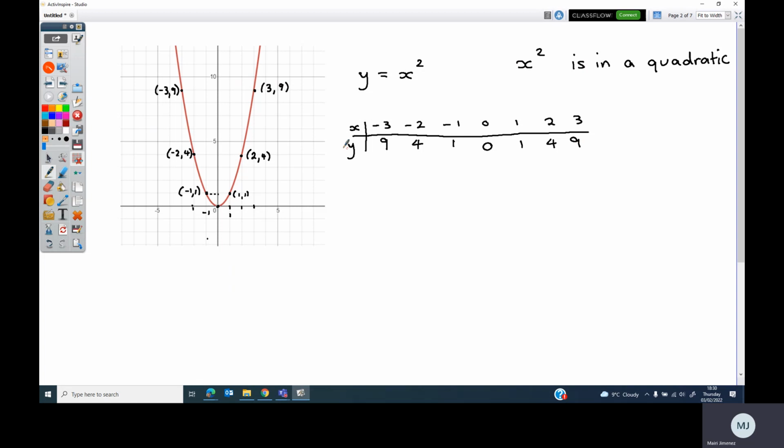So that's the relationship between x and y, y equals x squared. The y coordinates are x squared. So that's the most basic quadratic function.